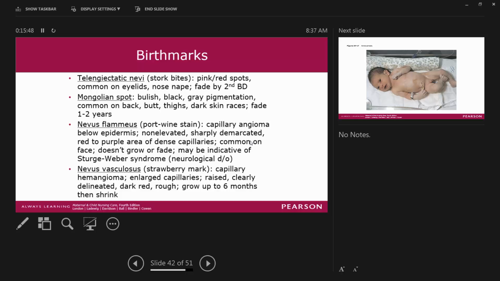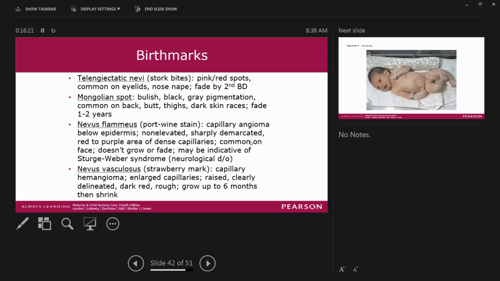This is just a little pigment thing that you see on babies with some sort of dark ethnic background, okay? You can really see these if you have an ethnic parent and a Caucasian parent, okay? You can see it really well on these babies. Now, this does eventually fade in a few years. It means nothing, okay?